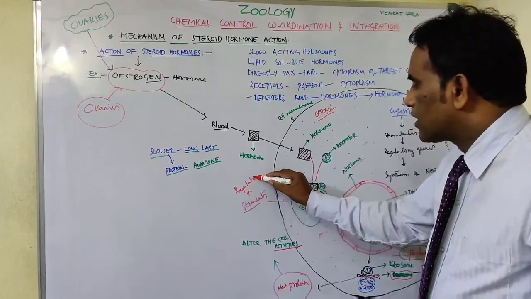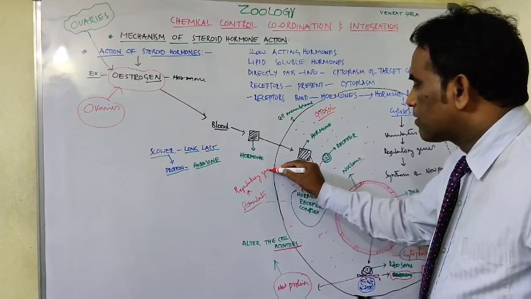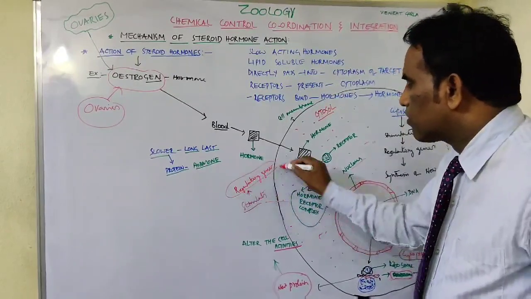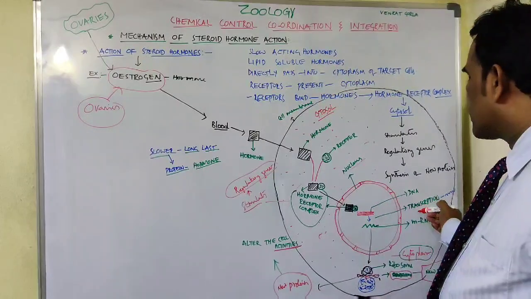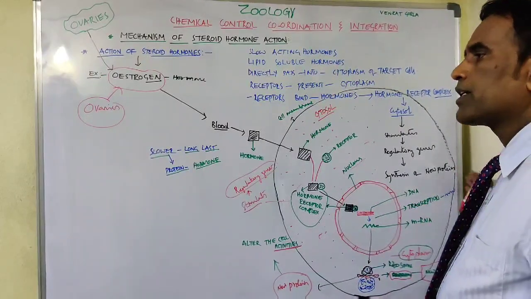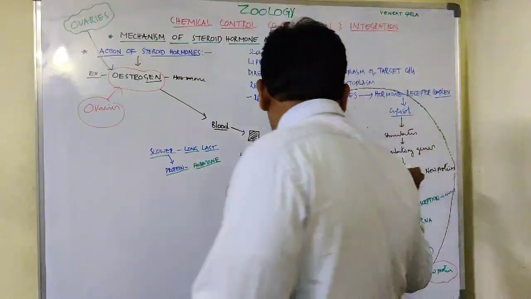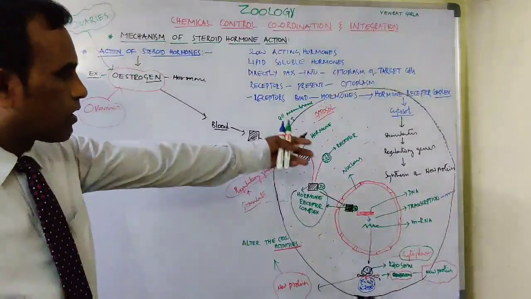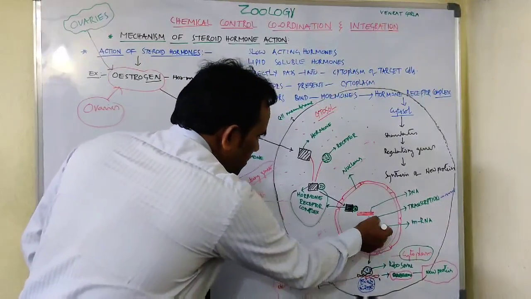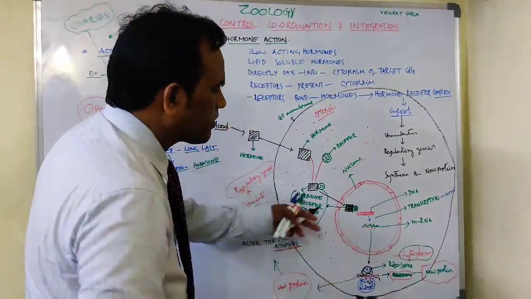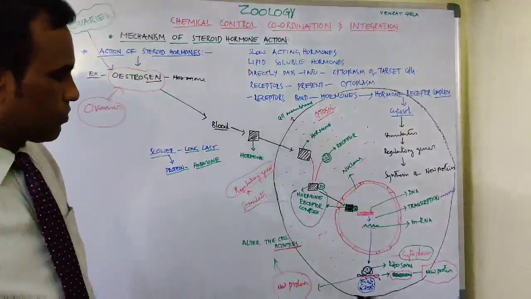Regulatory genes are present in the chromosomes, that means on the DNA. So the DNA first undergoes transcription, and as a result mRNA is forming. After this mRNA formation, it comes out of the nucleus into the cytoplasm or cytosol.